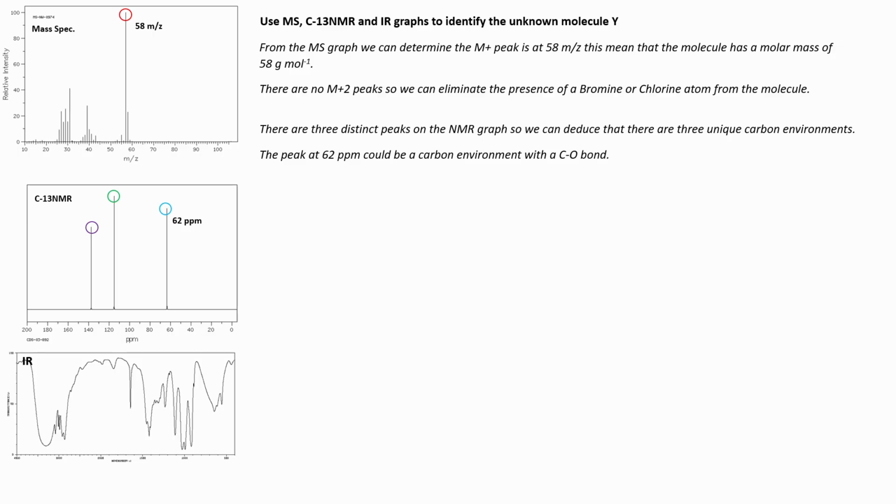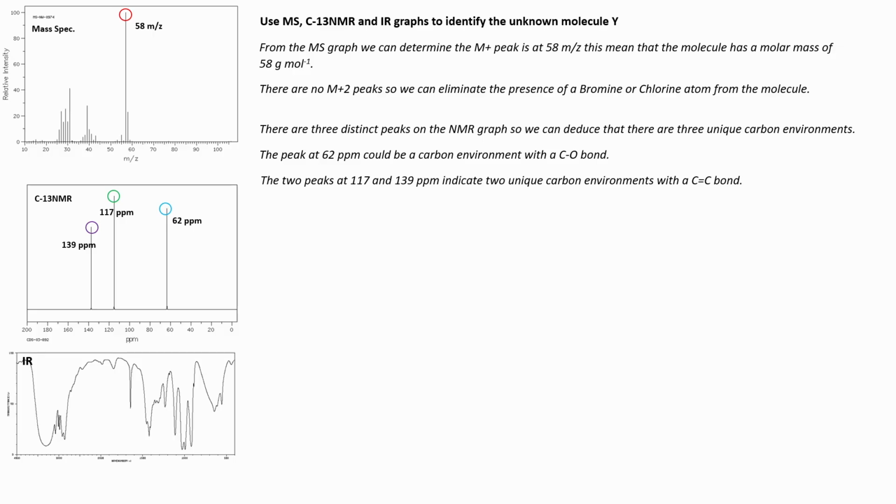These 2 peaks, 117 and 139, are in the range we would expect from carbon environments that have a double bond attached to them. That doesn't mean there are 2 carbon double bonds.